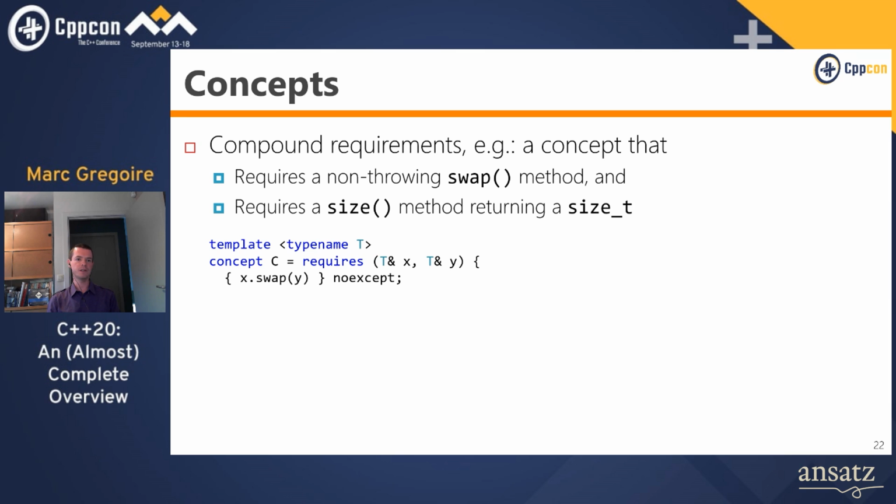Once we have these, we can require that x.swap(y) compiles and is marked as noexcept. We can also say that x.size() compiles and returns something that is convertible to a size_t. And we can have as many requirements as we need here.